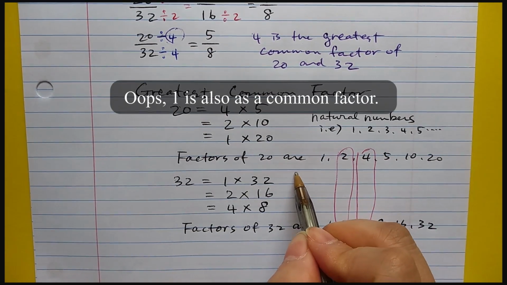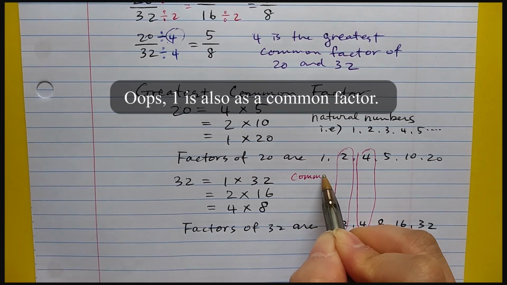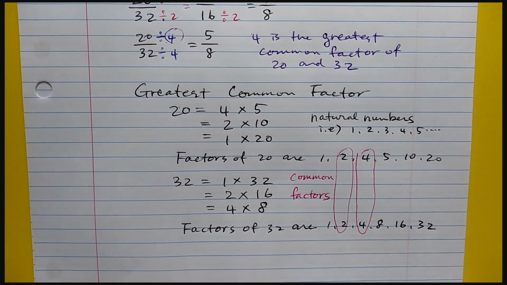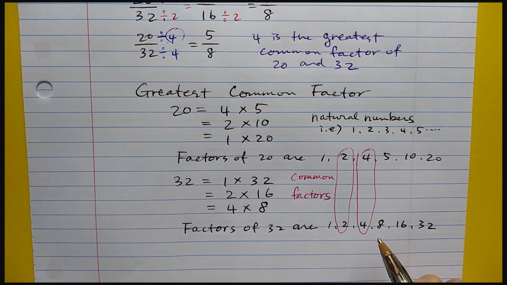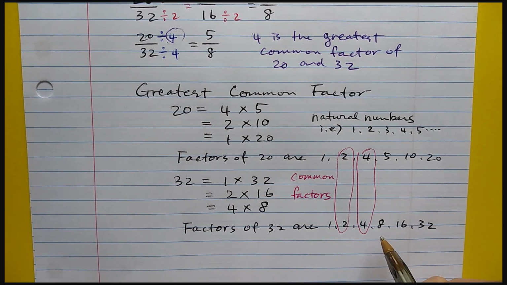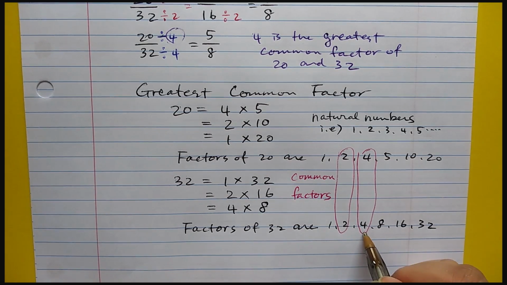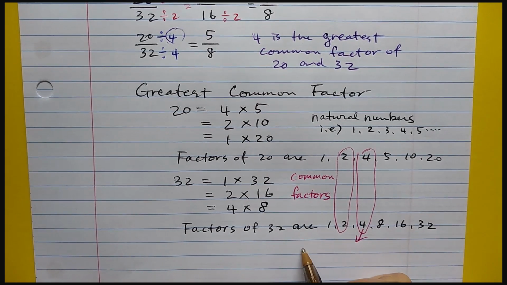We call them common factors. Among the common factors, the largest number is the greatest common factor, which is 4 here.